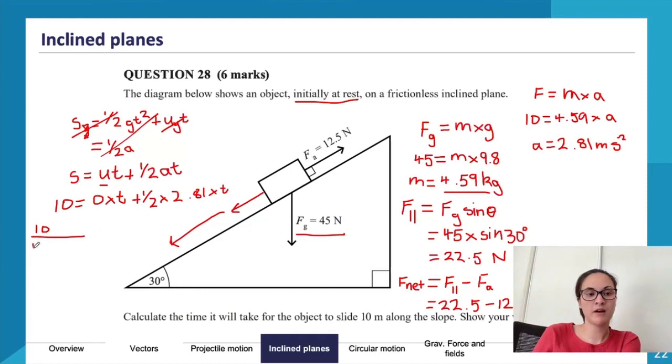So 10 divided by half times 2.81, and that's going to be equal to time.